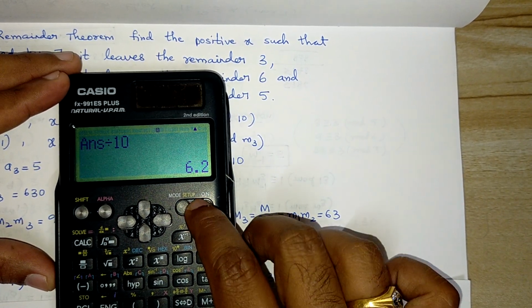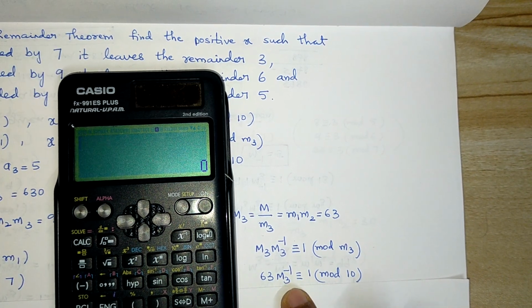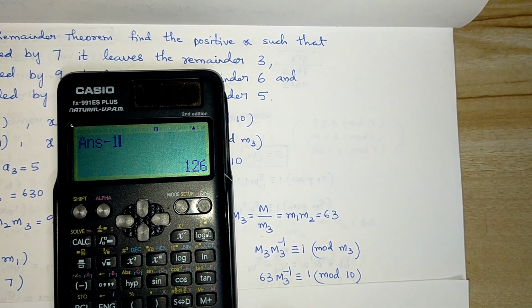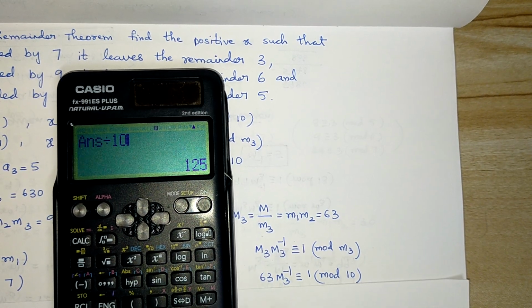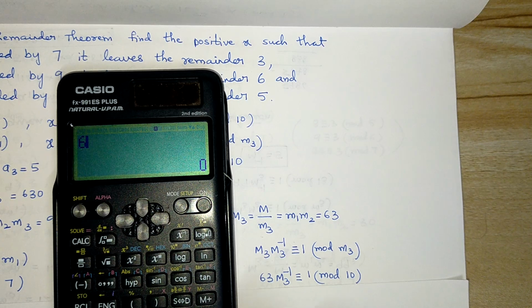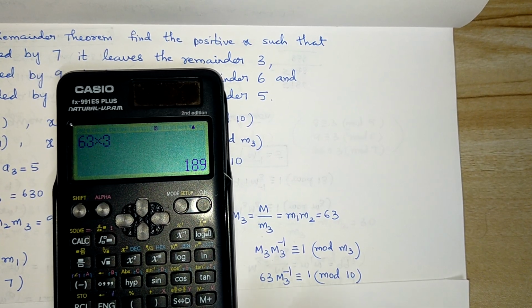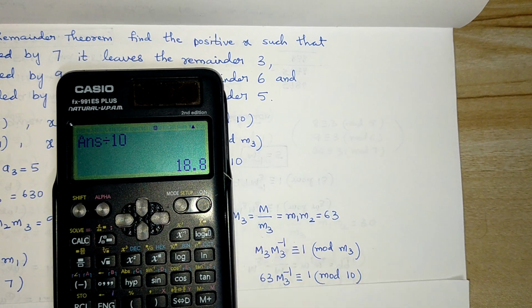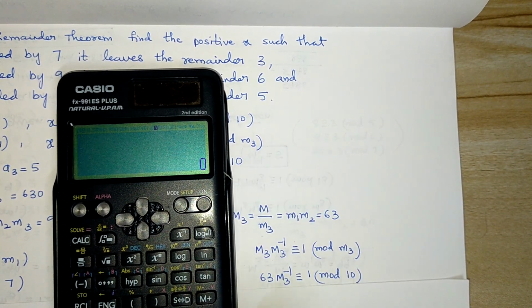No, right? Again, let us substitute M3 inverse equal to 2. 63 into 2 minus 1, is that divisible by 10? No. Let us substitute M3 inverse equal to 3. 63 into 3 minus 1, is that divisible by 10? No.